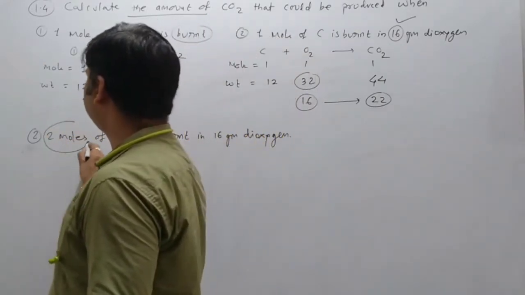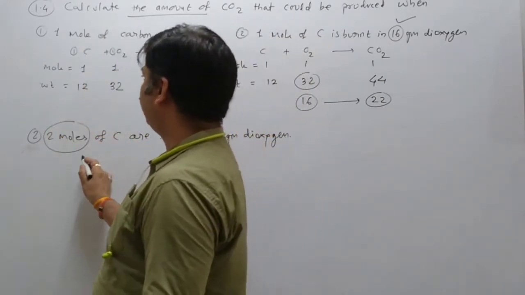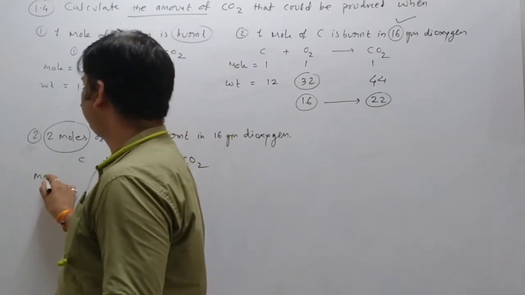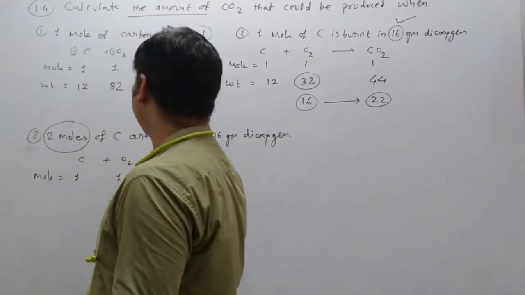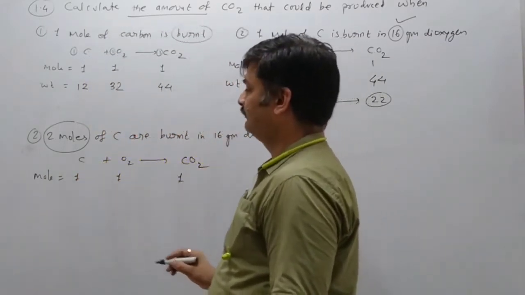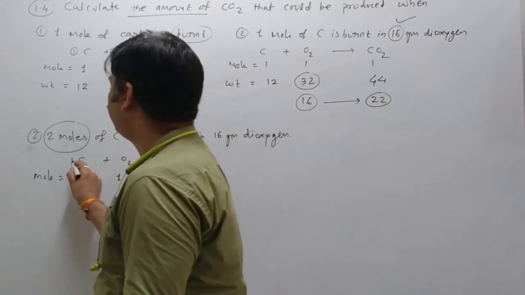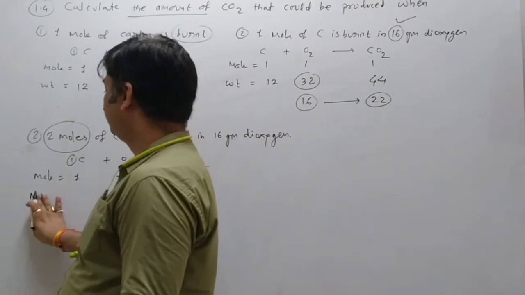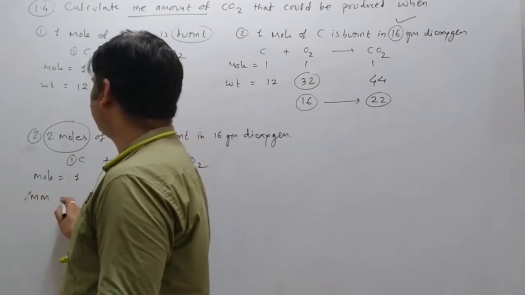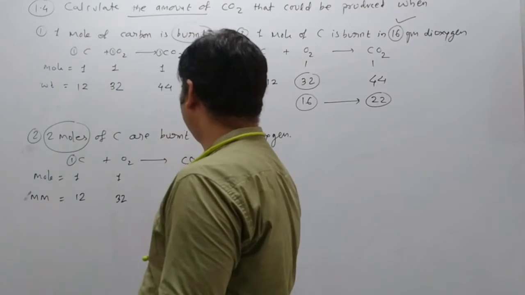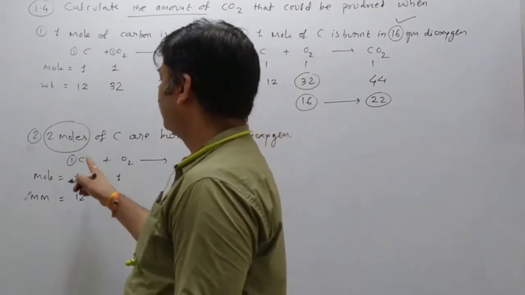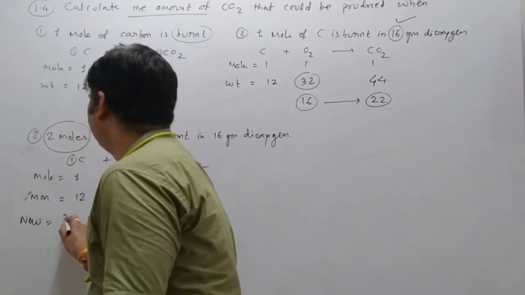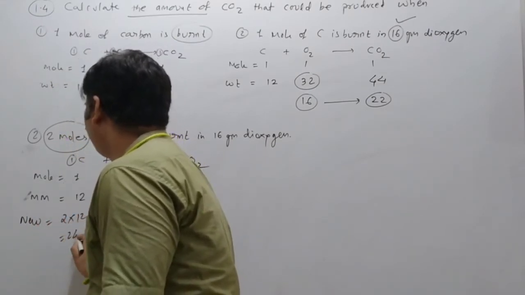Now see what they disturbed here: the mole of carbon. Again C plus O2 gives CO2. Mole is 1, 1, 1. This is a balanced chemical equation. In case of mole, first of all molecular mass 12, 32, 44 will be there. At the place of 1, the new molecular mass for 2 moles is 2 into 12, so 24.